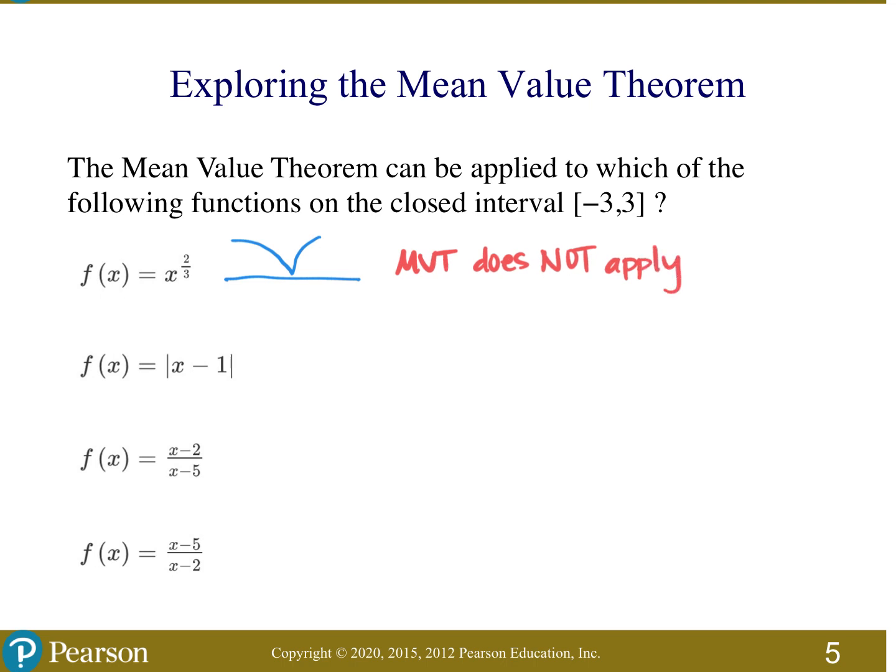Okay, next one, x minus 1. We all should know that that is going to give us an absolute value, 1 to the right. And so again, the MVT does not apply because our differentiability doesn't pass within the interval.